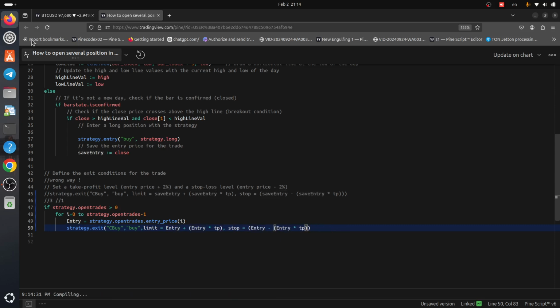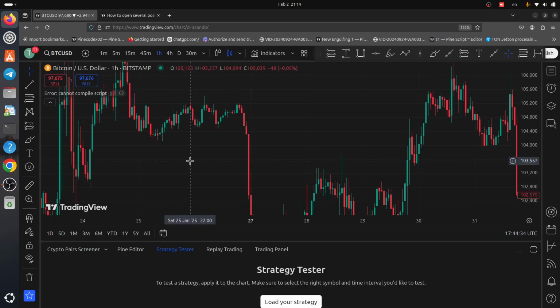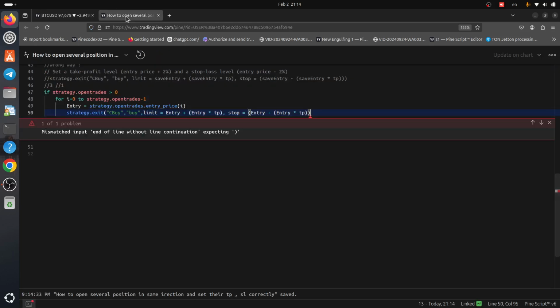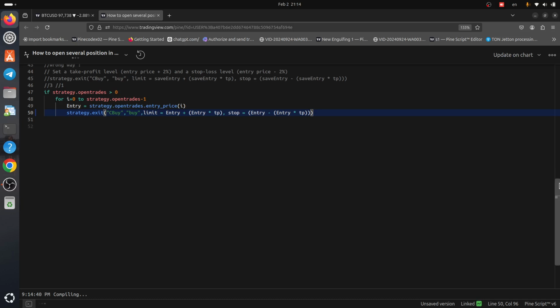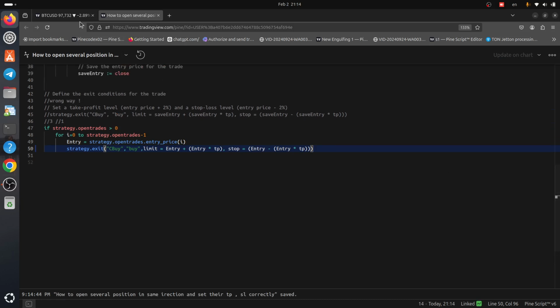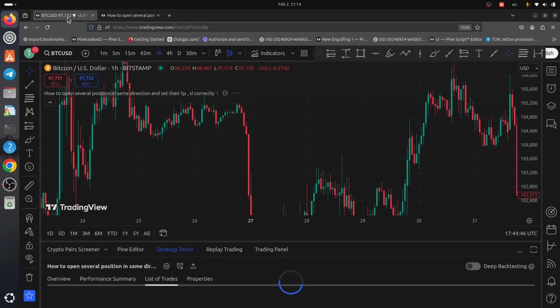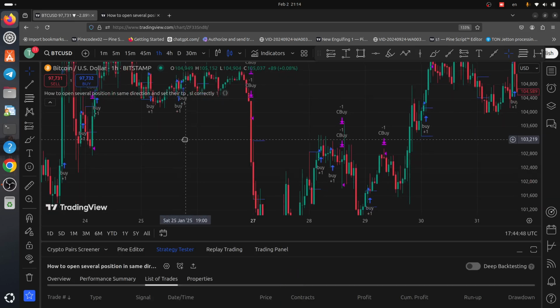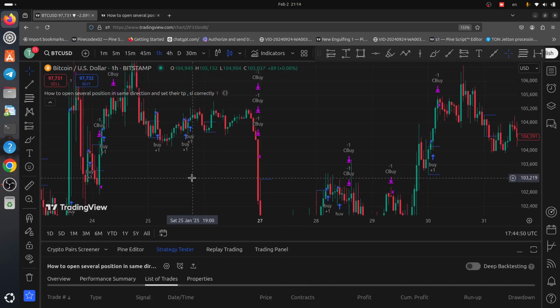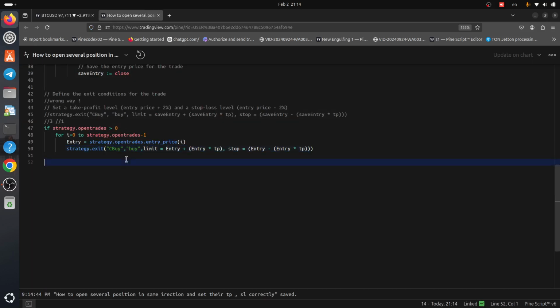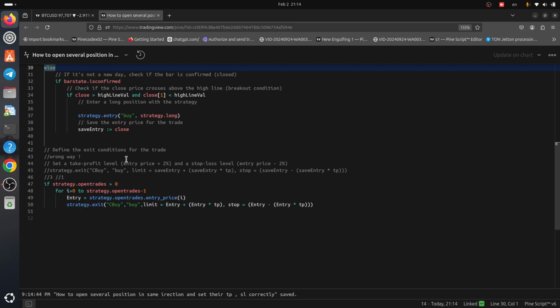Let's save it. Okay, so a problem, we need a new parenthesis, another parenthesis. As you see, we still have this problem, because we have the same entry ID for 3 open trades.